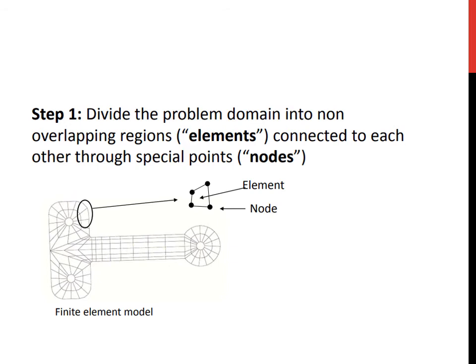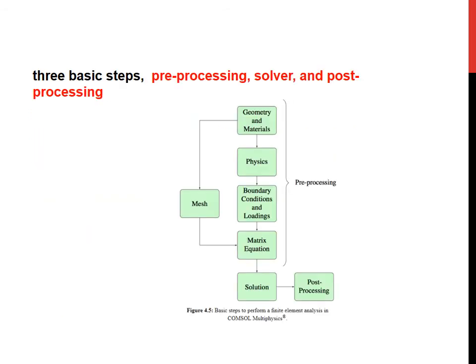We need to define the boundaries of our system. In this case, for example, you can see something like a T structure where we create points in our model. After that we can come up with the calculation at each point.